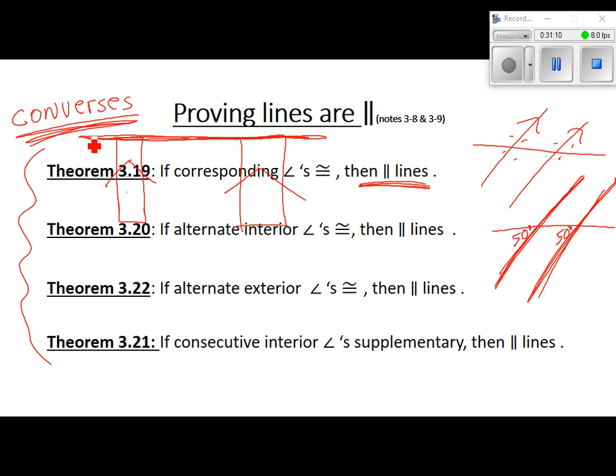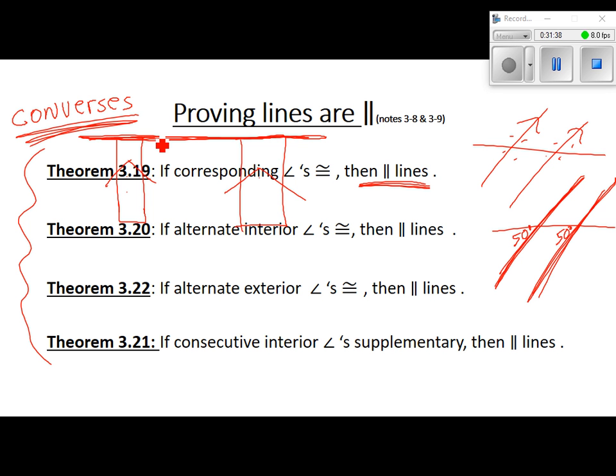Or use a level. Now, the bad thing is if I'm building a deck, I probably don't have a level that's like 40 or 50 feet long. You could put a 2x4 across it if you have one long enough, and then set that on there. The bad thing with that is, what might be bad with the 2x4 if it's 30 or 40 feet long? It goes down like this.